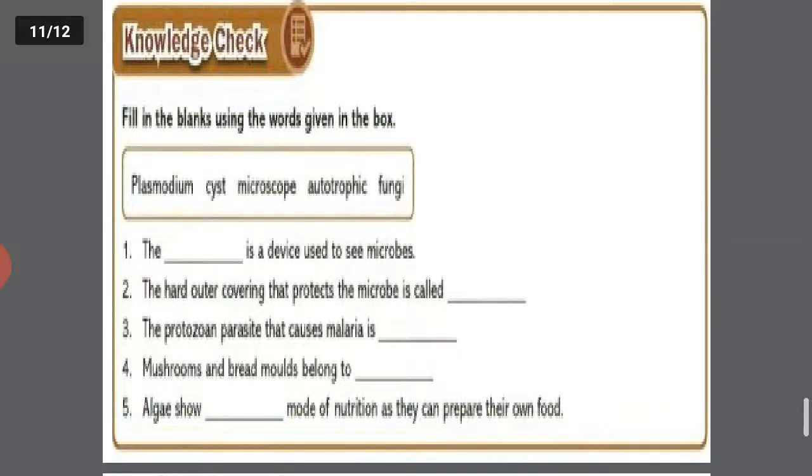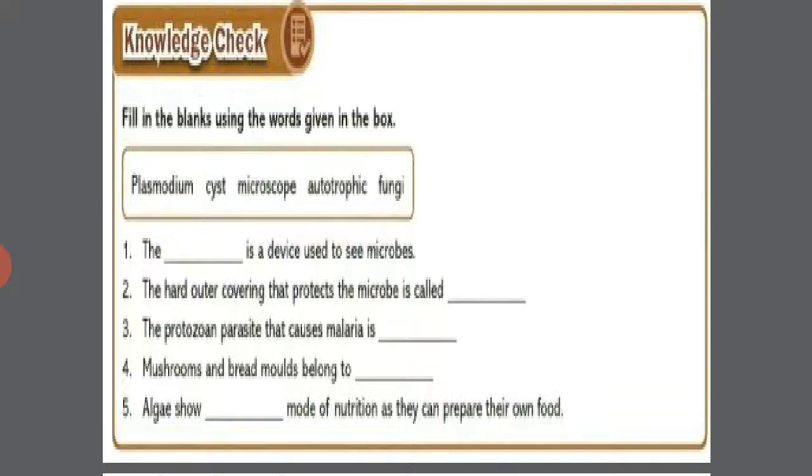So try to understand what you learned in this. Fill in the blanks using the words given in the box. A device used to see microbes. It is a microscope. The hard outer covering that protects the microbes is called what? Protozoa parasite that causes malaria is what?